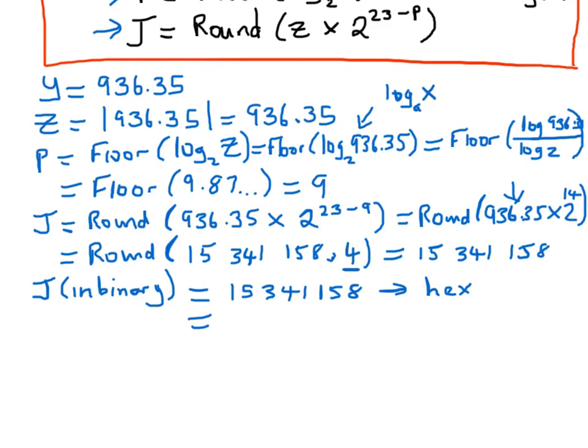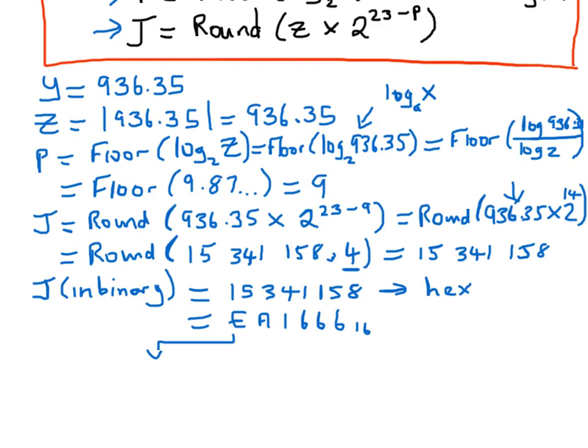So if I do that, I discover that in hex this number is EA1666 in base 16. Now to convert that to binary, what I do is I replace each digit by its 4-digit binary equivalent.